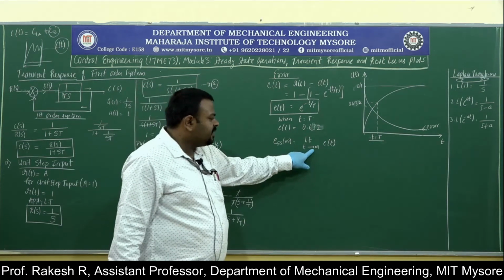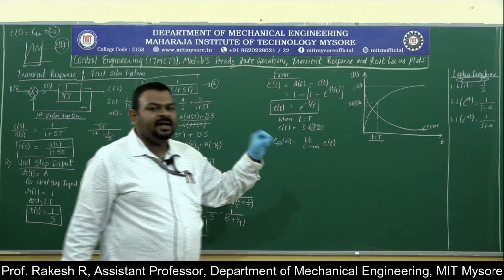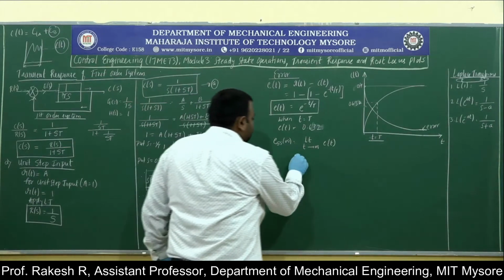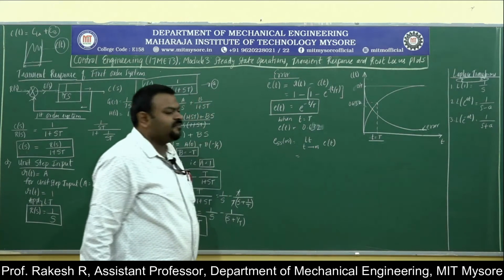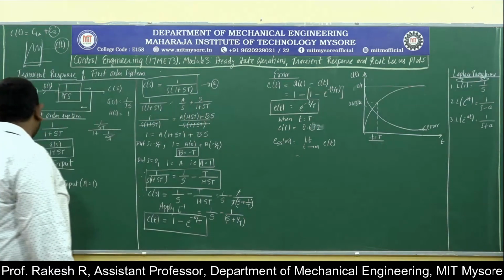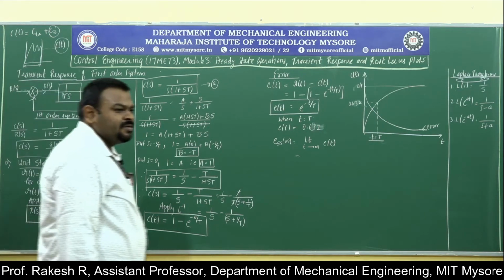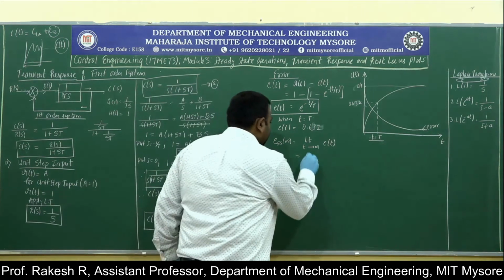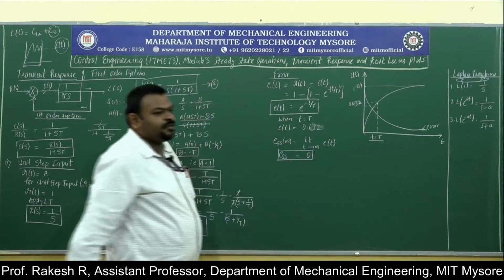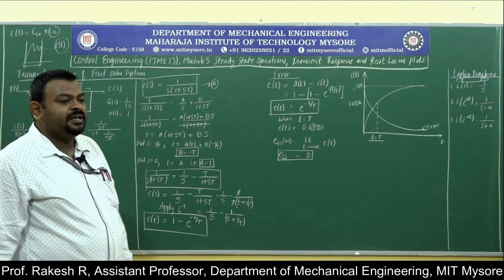Here we directly take t to infinity. If you put t equal to infinity, what is e to the power of minus infinity? It is 0. So you will get steady state error 0. That means for unit step input, steady state error does not exist for the first order system.